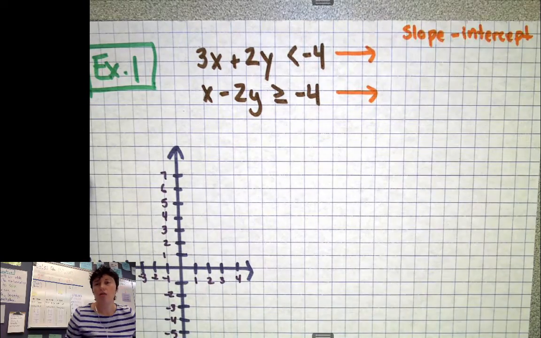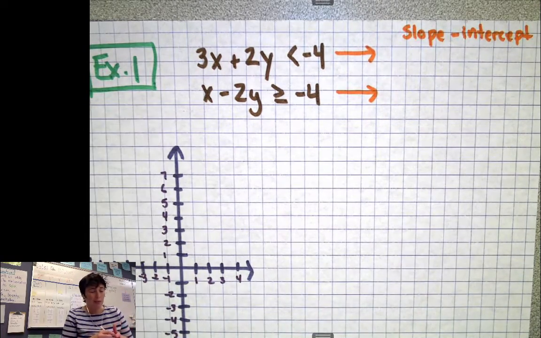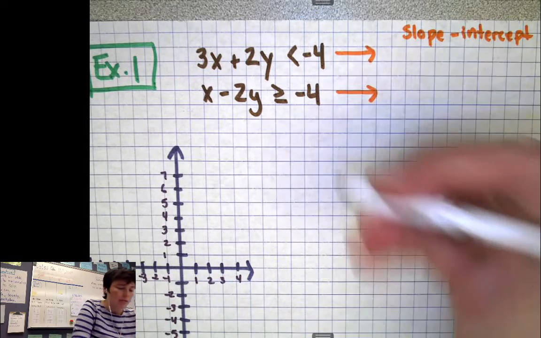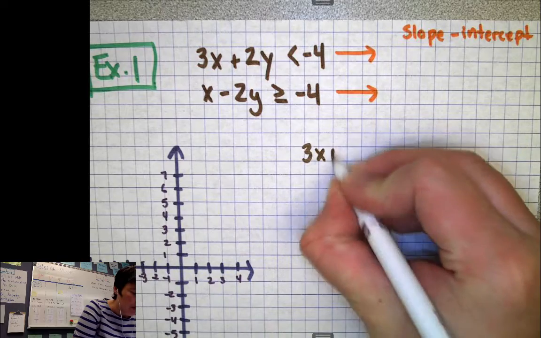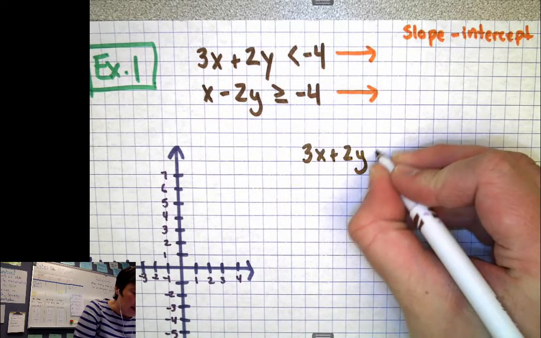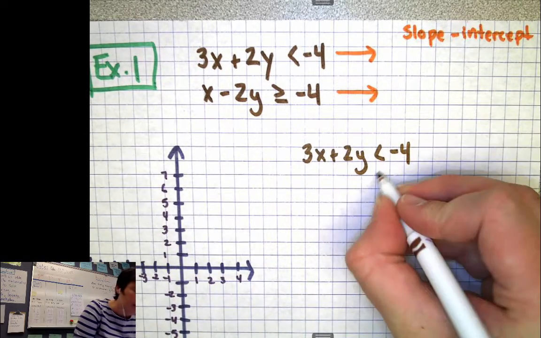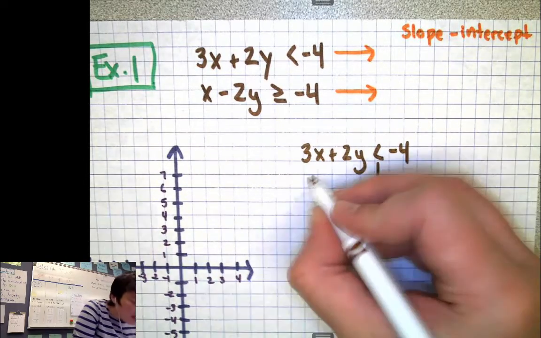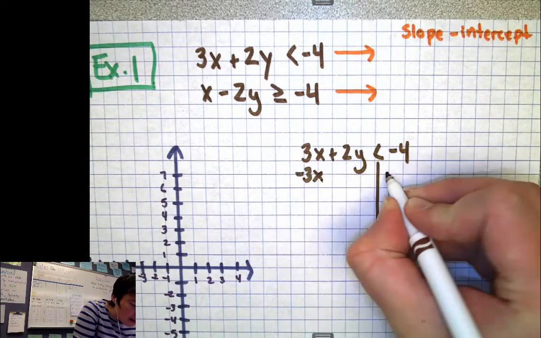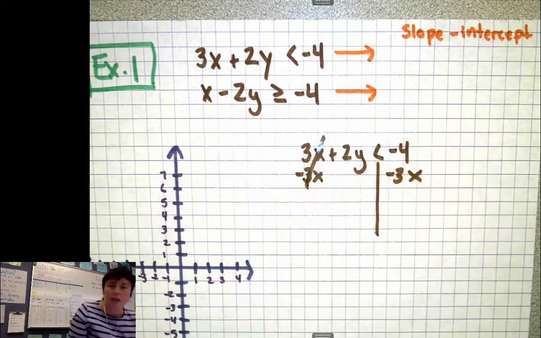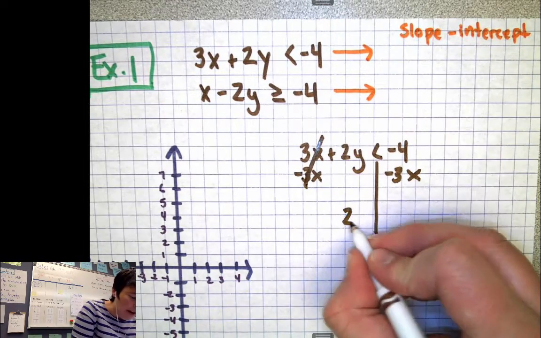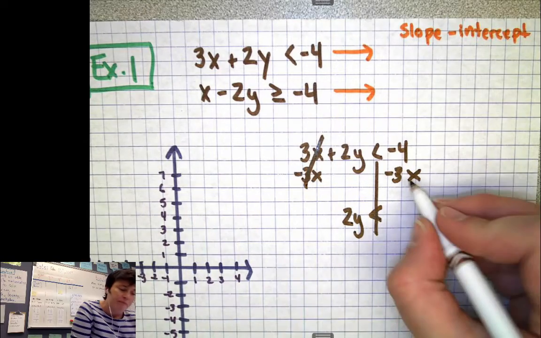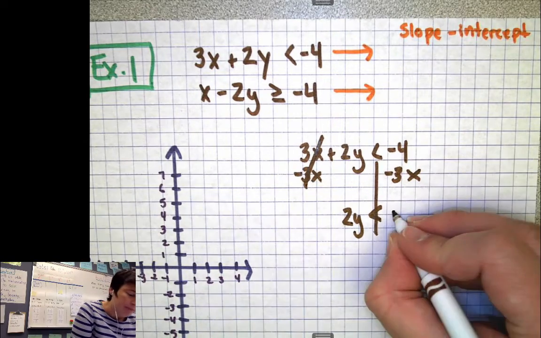To do this, I'm going to have to do a little bit of work. Let's take the first equation, 3x plus 2y is less than negative 4. Let's put a little line down the inequality and isolate y by itself. I'm going to take the 3x away to the other side, make it a negative 3x. I get 2y is less than negative 3x minus 4.